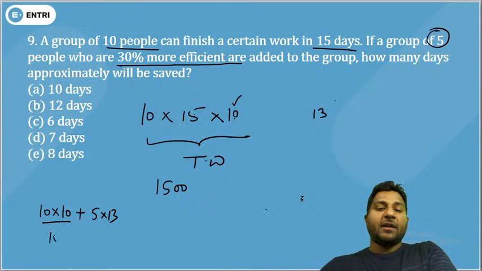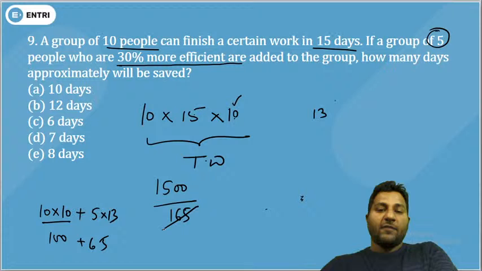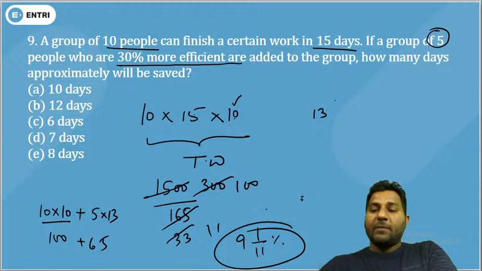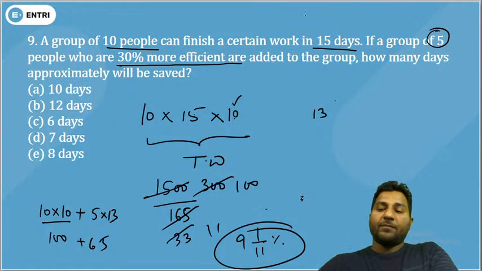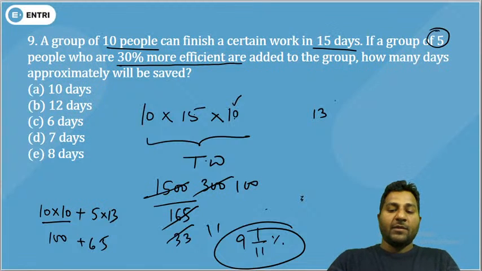So 10 times 10 is 100 plus 65, so 165. 1500 by 165 is 100 by 11. That means 9 whole 1 by 11. I believe option A will be the correct one.